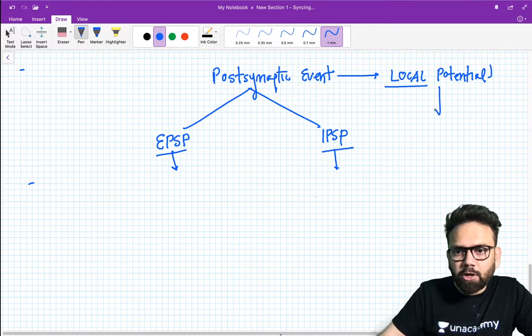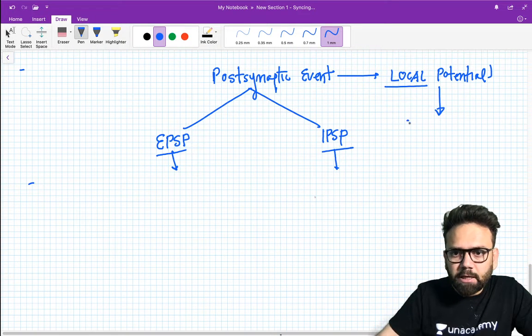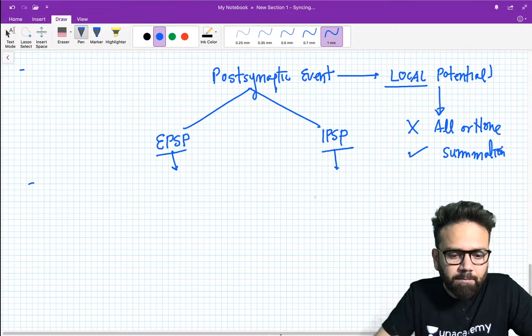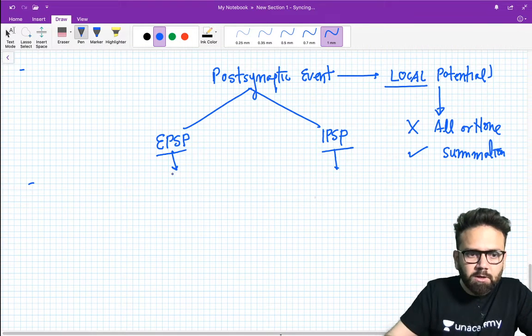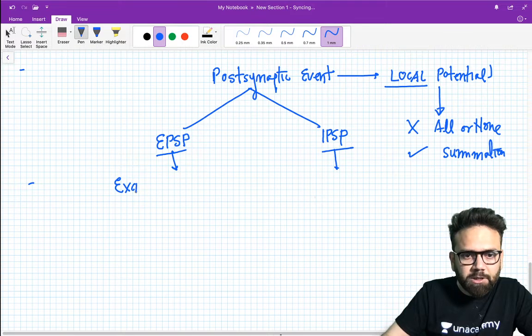No, so they don't obey the all-or-none law. Is summation possible or not? Yes, summation is possible, because they are local potentials. They are graded potentials, so they don't follow the all-or-none law, but summation is possible. Now EPSP is actually excitatory postsynaptic potential.